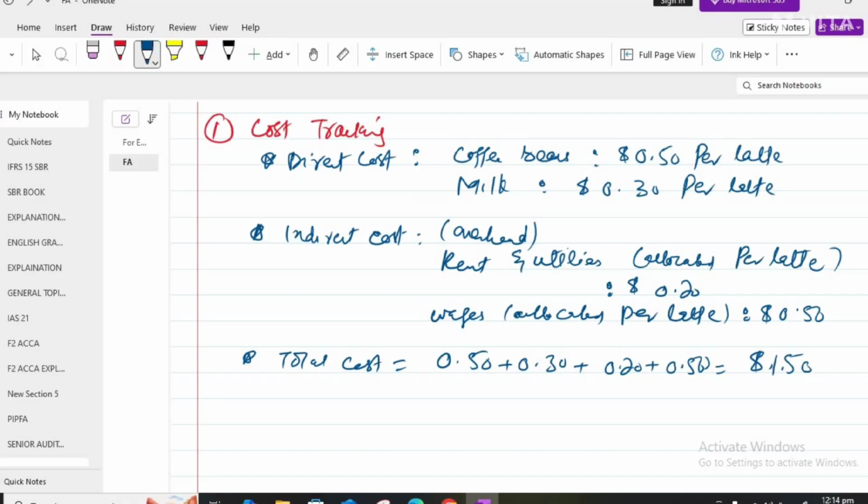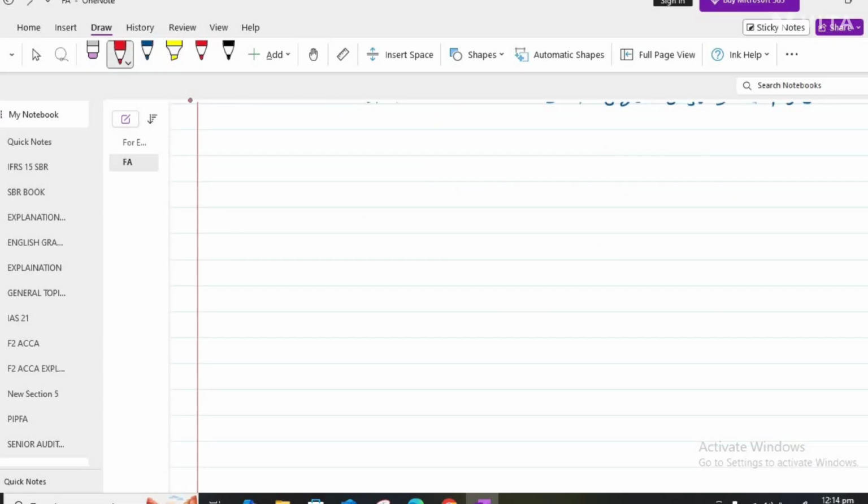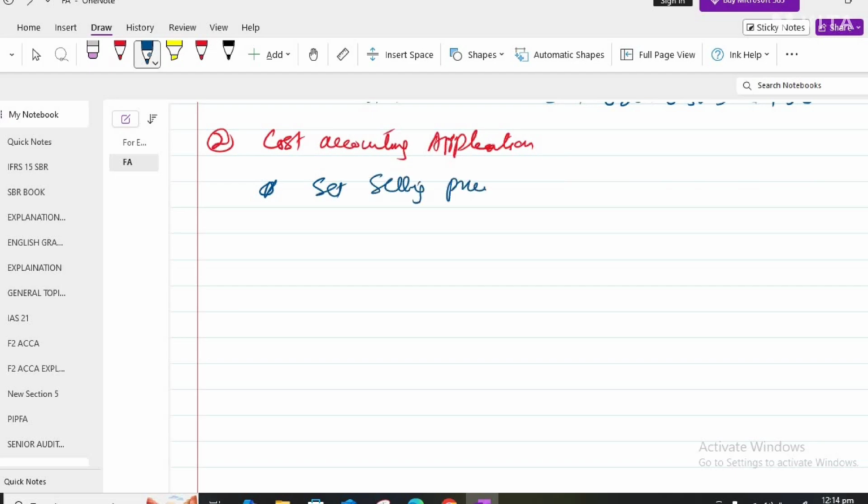Now the second step is cost accounting application. The coffee shop uses this data to set the selling price. For example, let's say $4 per latte, which covers the cost and the profit, right? Now you have to identify the high cost area.